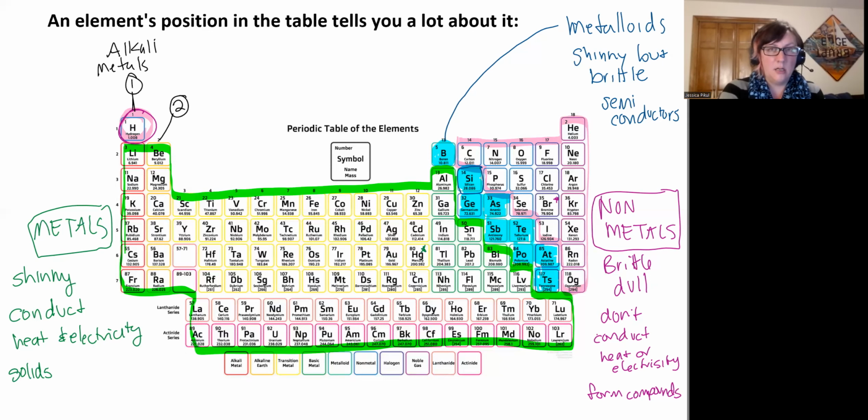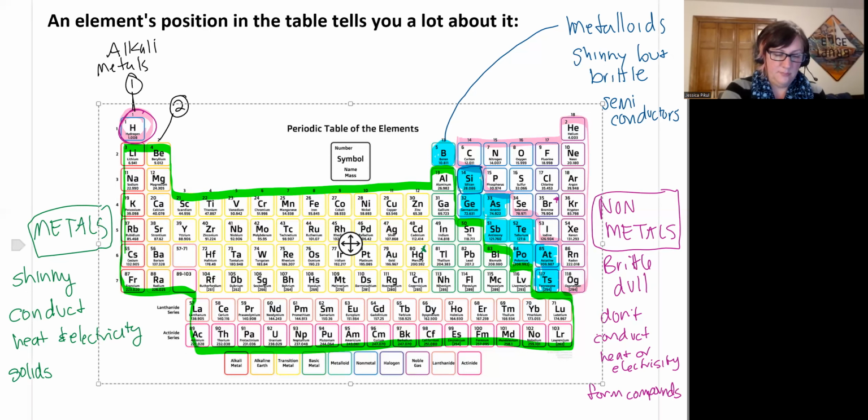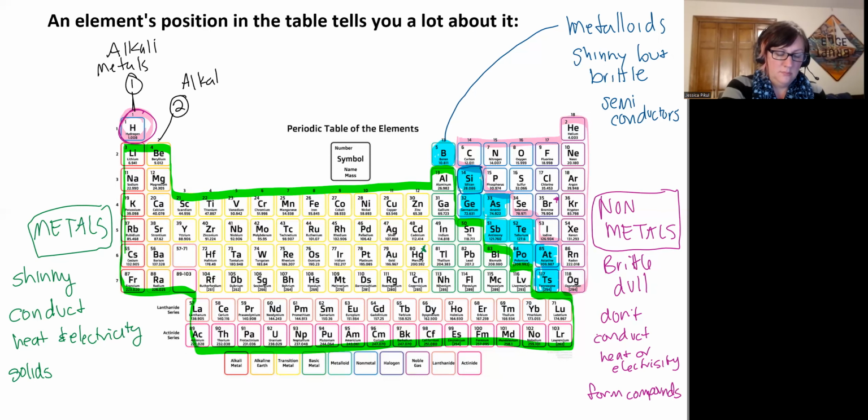And our second column, group 2, is our alkaline earth metals. Just kind of a mouthful. Then our next set from scandium to zinc, so there's 10 of them, are our transition metals.